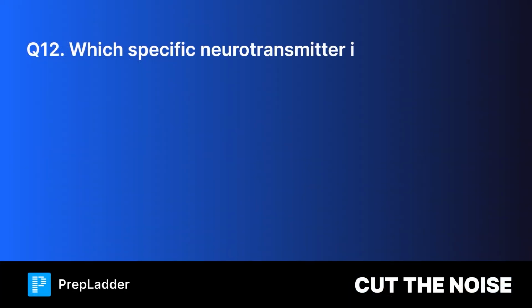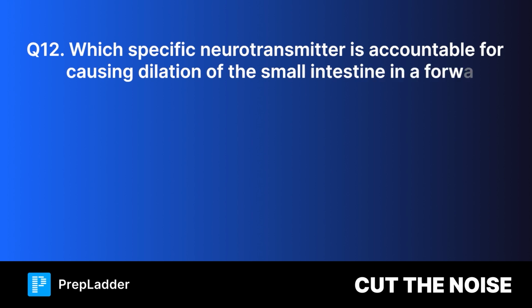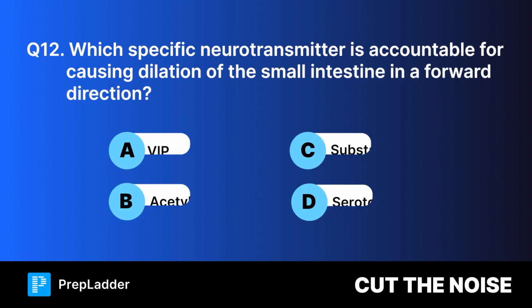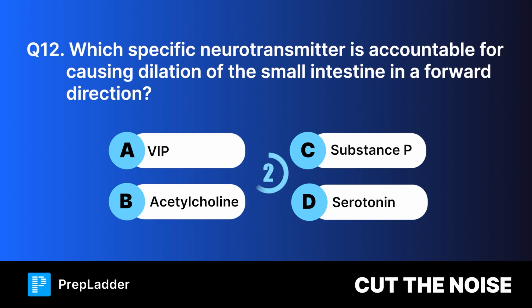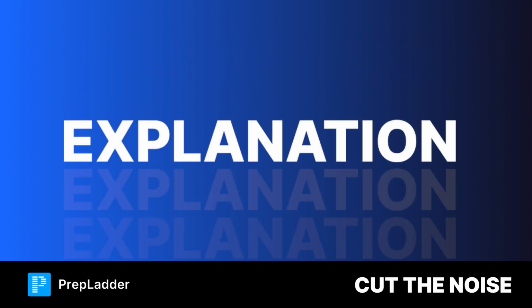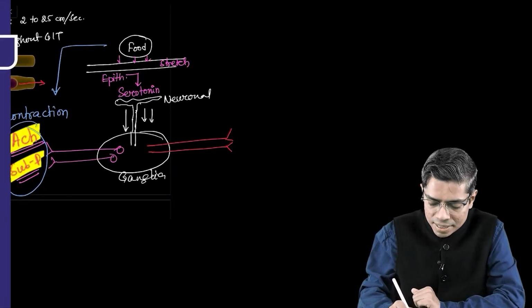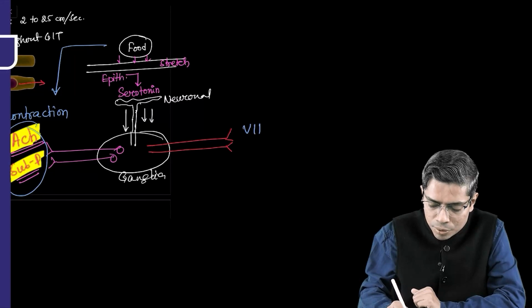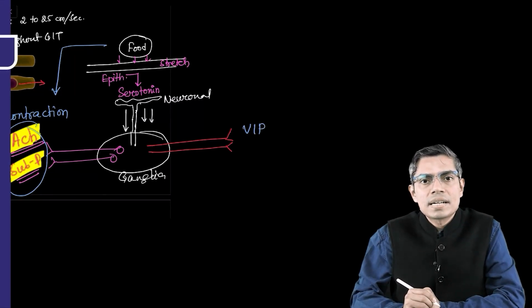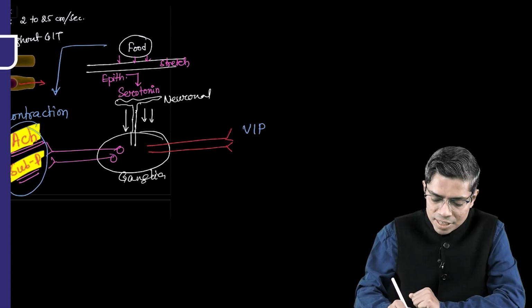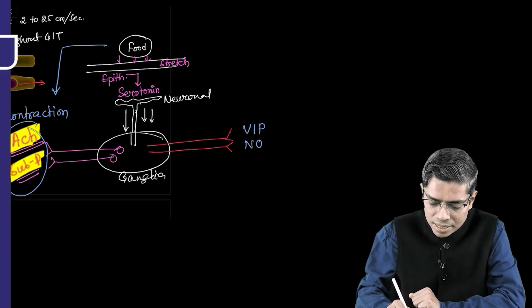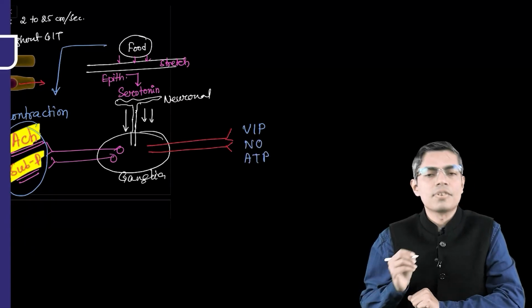Question 12. Which specific neurotransmitter is accountable for causing dilation of the small intestine in a forward direction? Your options are, and the correct answer is VIP, vasoactive intestinal peptide. Here's the explanation. If you look at the neurons which are projecting towards the distal part of the GIT, they are going to secrete other neurotransmitters like, for example, vasoactive intestinal polypeptide, VIP, nitric oxide and adenosine triphosphate.